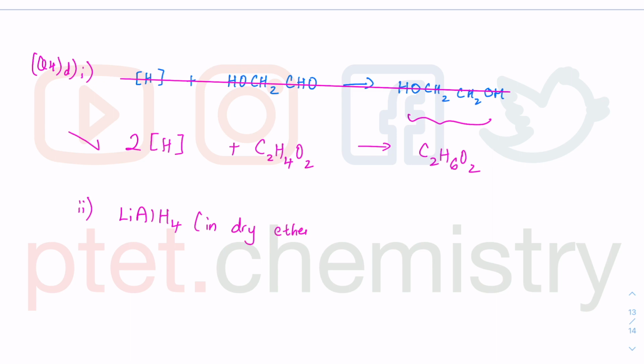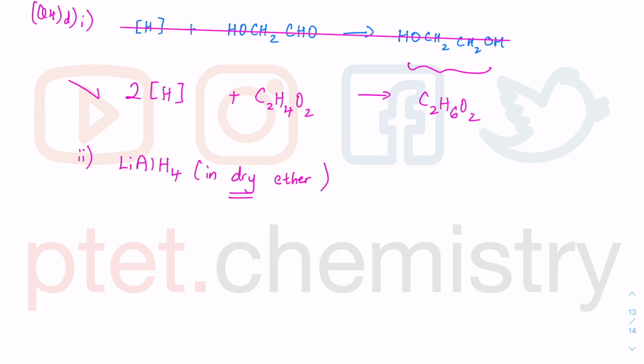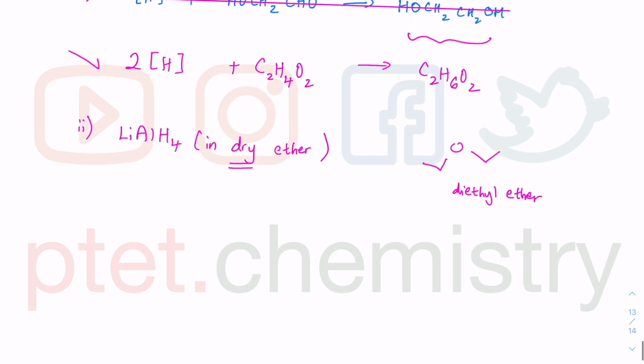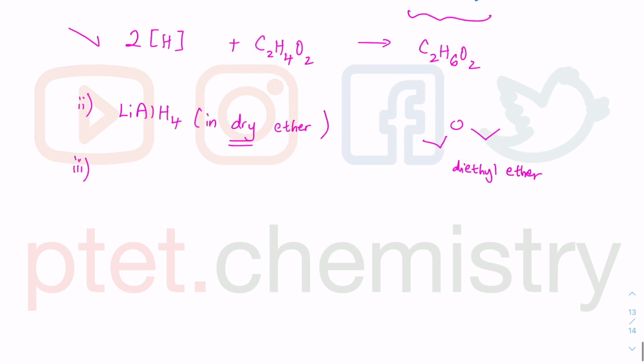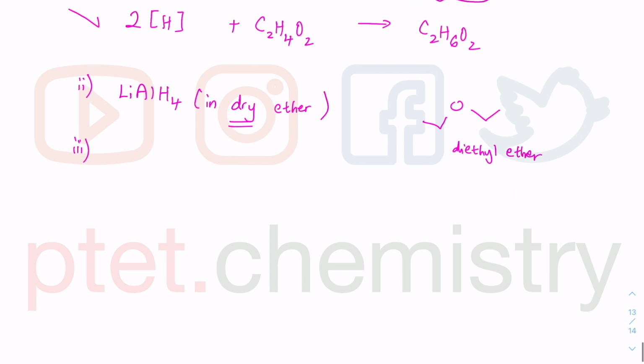So that's why we use it in dry ether. Ether is a solvent. Usually we use diethyl ether. You can get it dry so that it doesn't contain any water at all. Not that it matters that much, but as long as you get LiAlH4, I'm sure you have gotten the answer correctly.